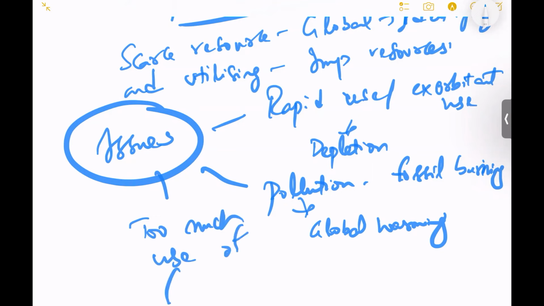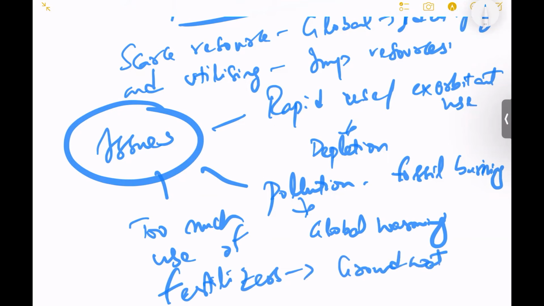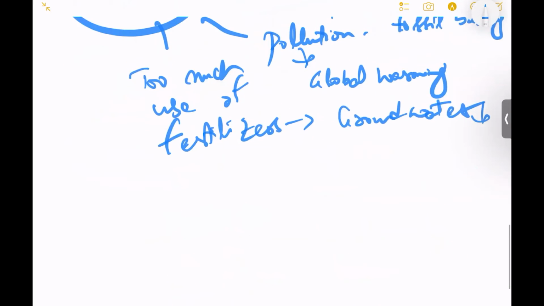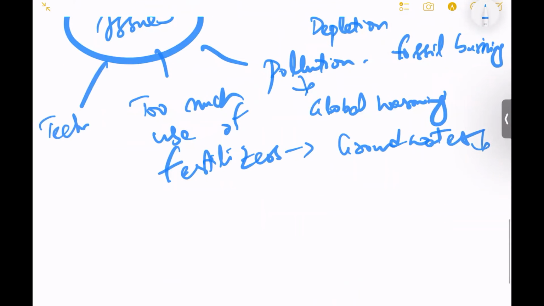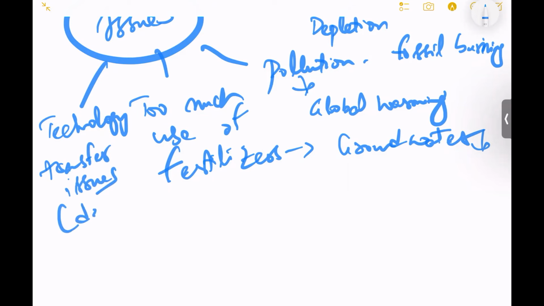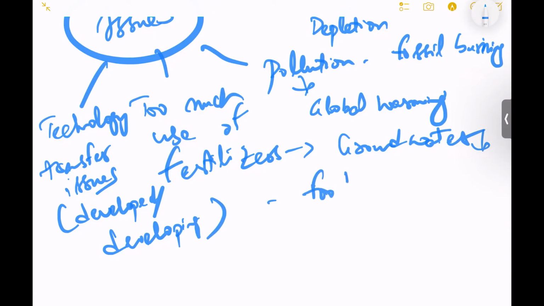Too much use of fertilizers, groundwater damaged, degraded. Okay, and then technology transfer issues between developed and developing countries. And the food security is still an issue for many nations.